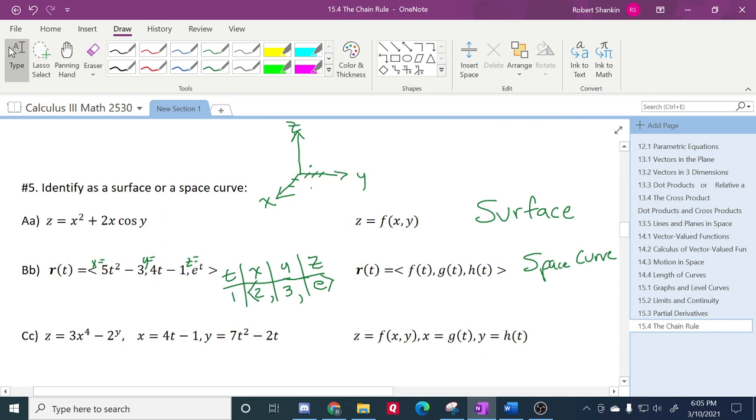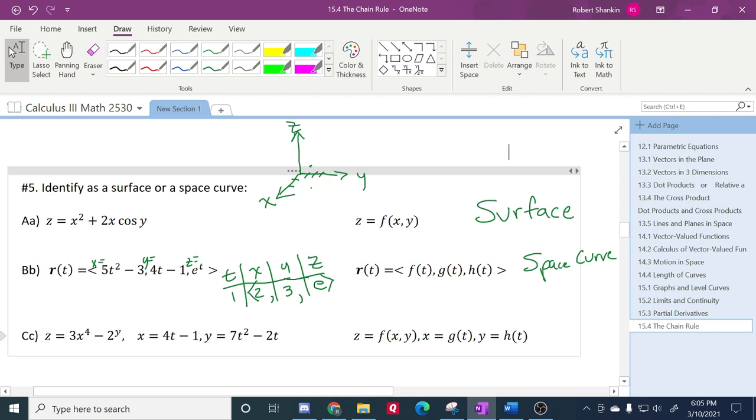Now this is like this: z is a function of x and y, so it's this general case. X is a function of t, so it's some g of t.